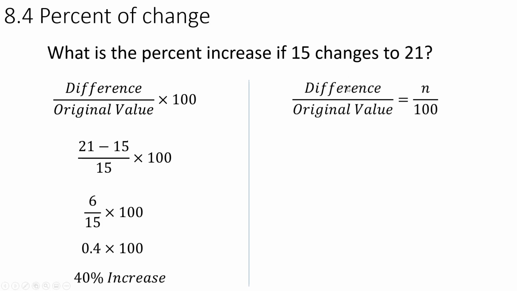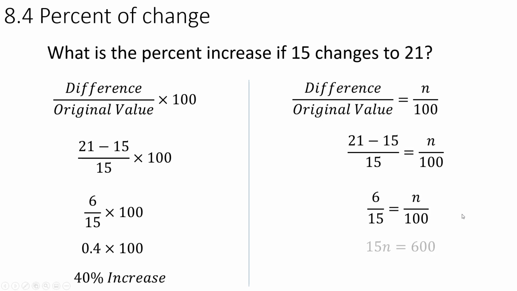You can do difference over original equals something over 100, and you get 6 out of 15 equals something out of 100. So you get the same, and I'm showing the cross product trick here, but you could also do that ricochet proportion trick that we've talked about in class. Either way, you get a 40% increase. Moving on.